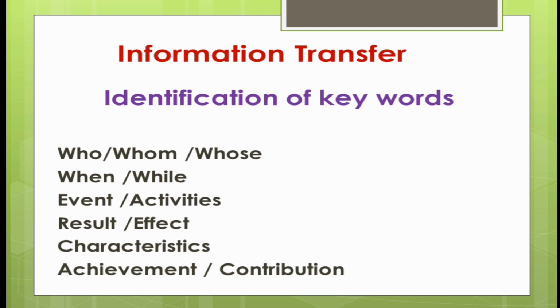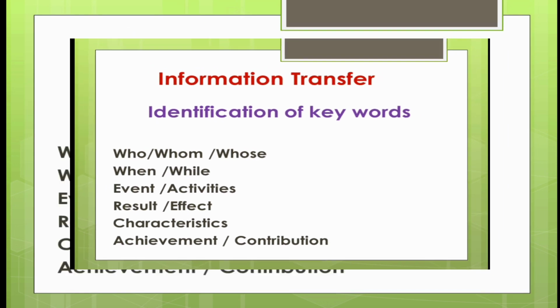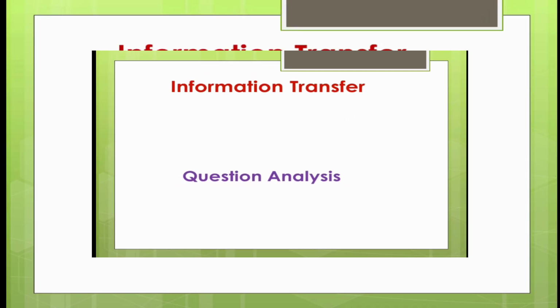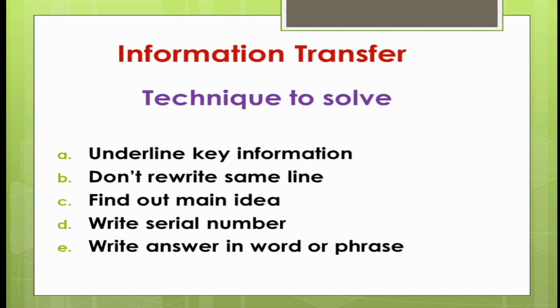Dear students, on the basis of these keywords, you have to analyze the questions: who, what, when, or the events, the characteristics, everything minutely. After doing all this, you will be able to answer this topic. As I already said, you will get 5 questions from a passage.